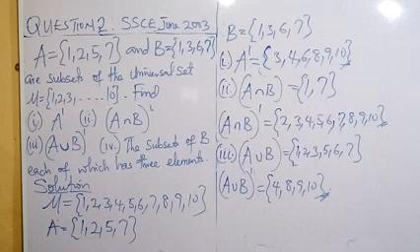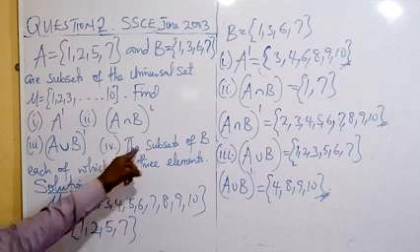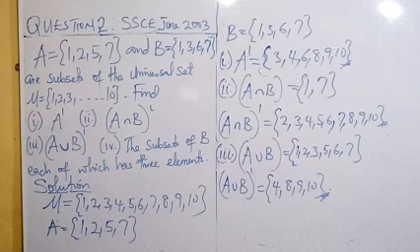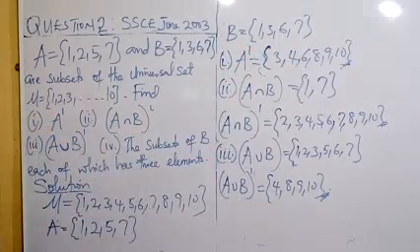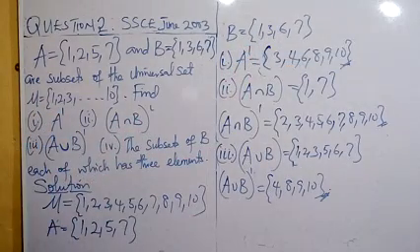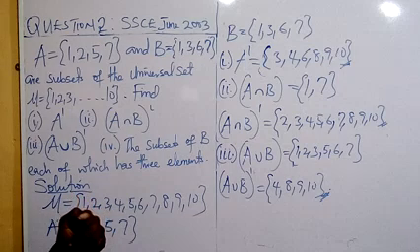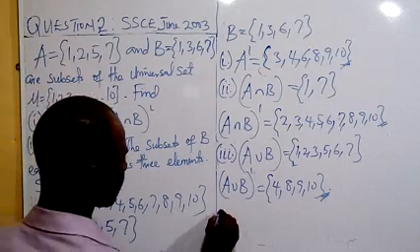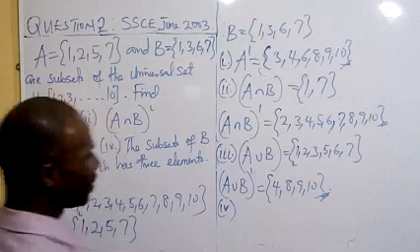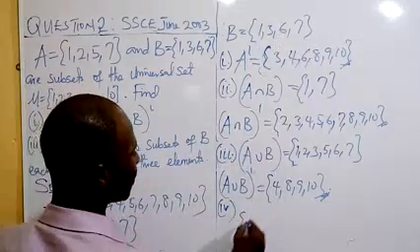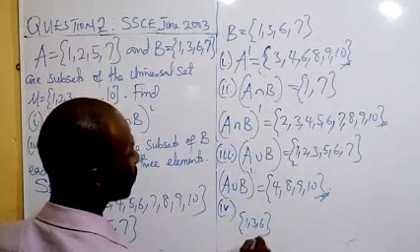So the last question says the subsets of B, each of which has 3 elements. B has 1, 3, 6, 7. How do we do that? We need subsets that have 3 elements. Look at it: 1, 3, 6, yes.